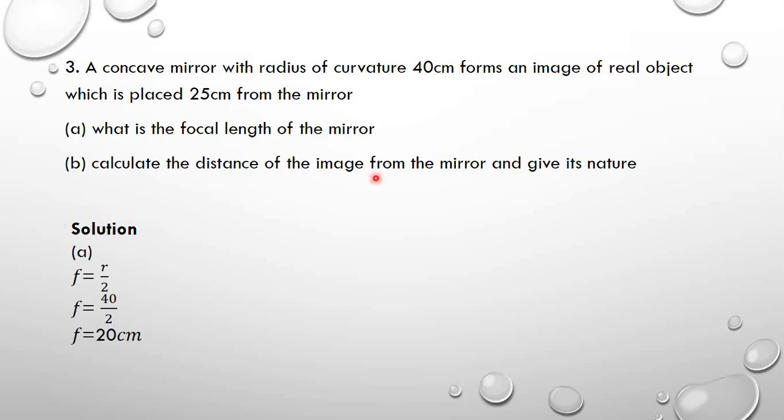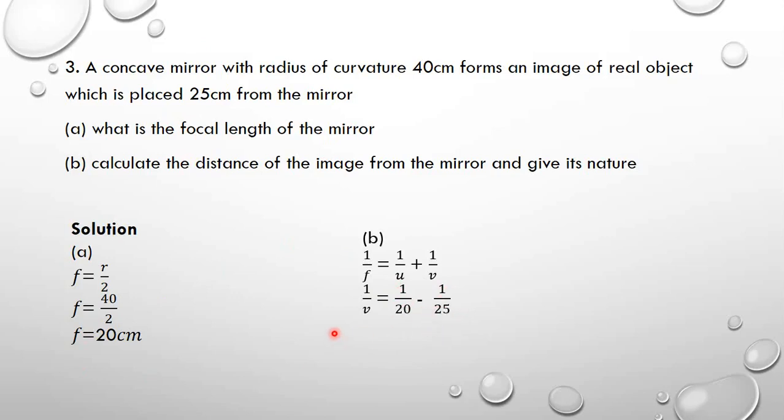Now we also need to get the distance of the image. Remember, we have the u. u is 25, so we shall use the mirror formula in that case, and make v the subject, which is going to be 1 over f minus 1 over u, which is 1 over 20 minus 1 over 25.